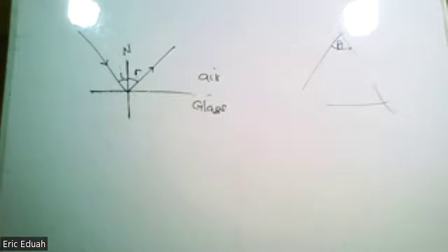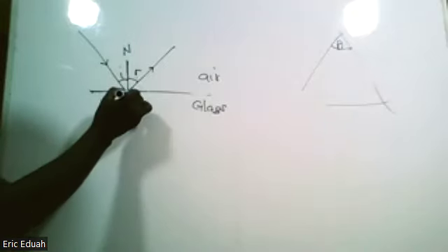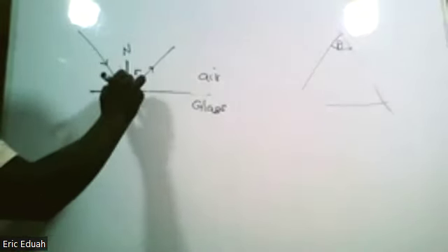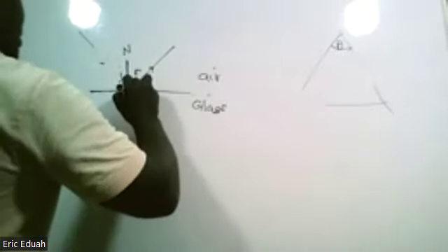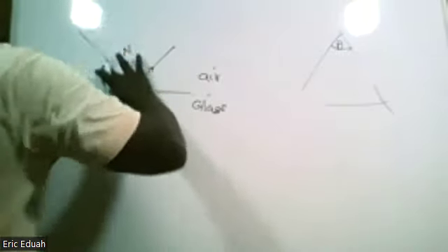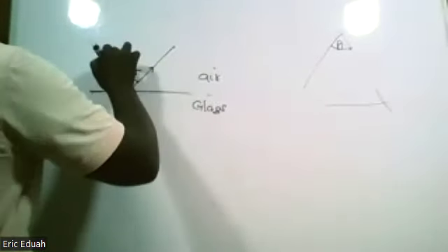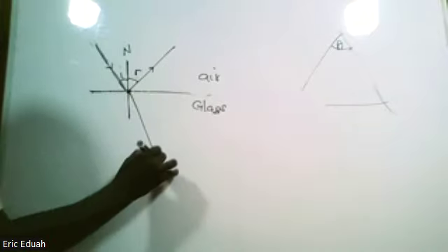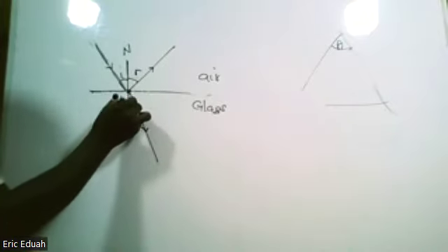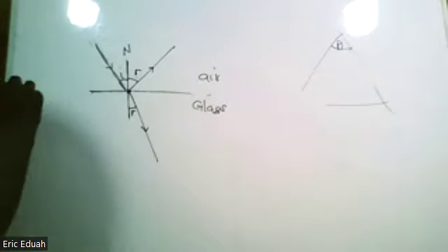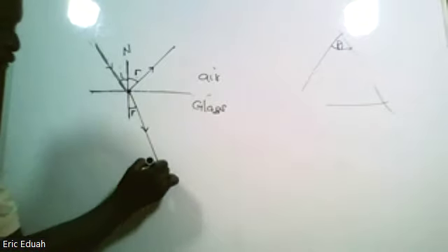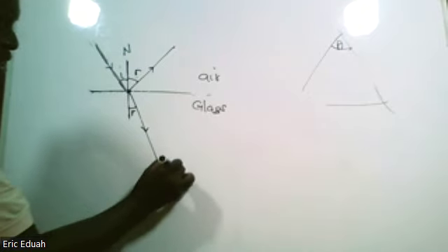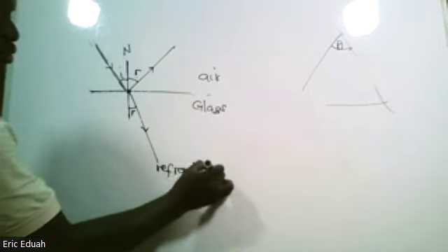Oh, the ray is entering a denser medium. So it will be deviated towards the normal. This is the angle of refraction. So this is the refracted ray.